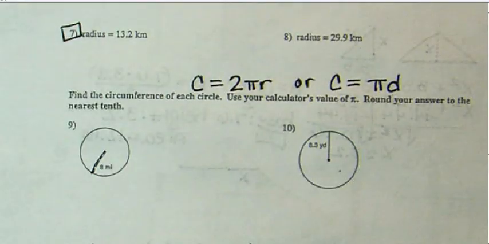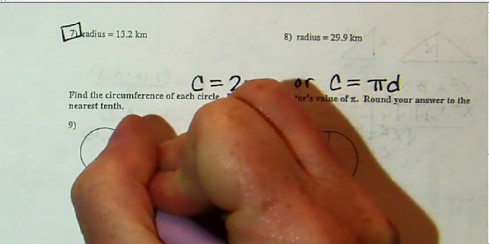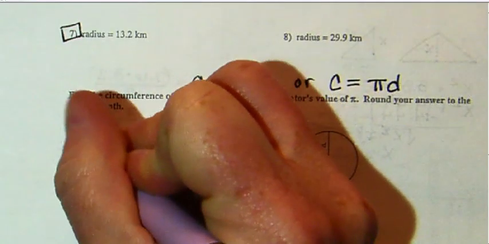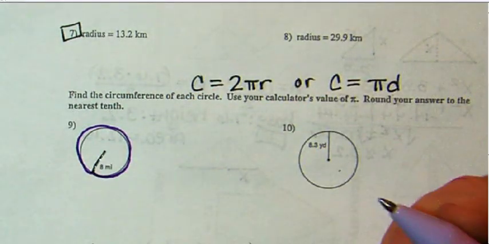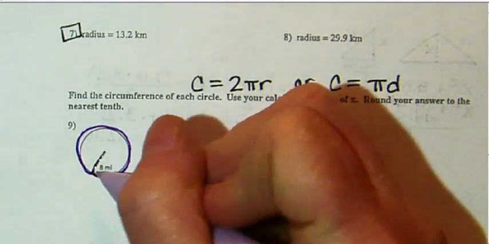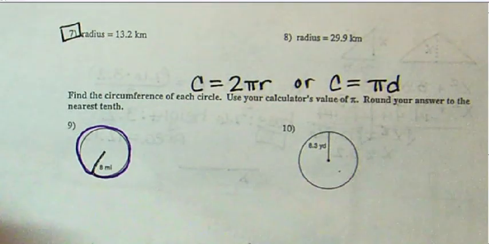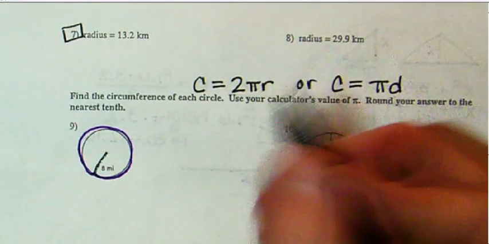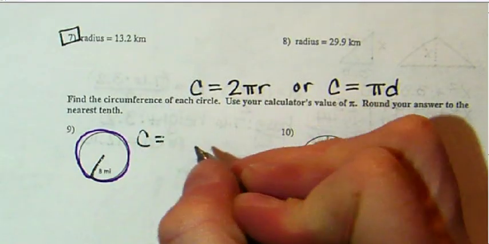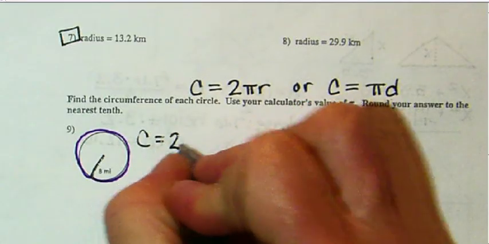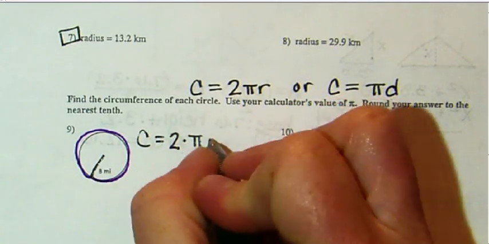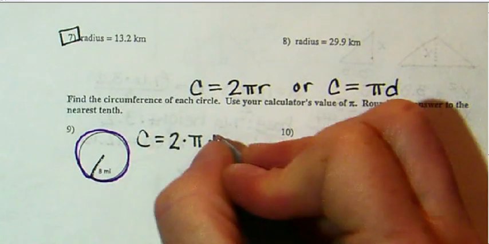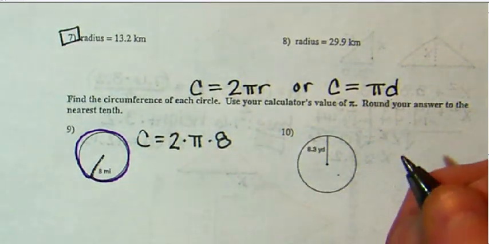Remember, circumference is the distance. It's like the perimeter of your circle. Okay? I didn't do a very good job of outlining it, but that's basically what you're finding out. So I'm going to say my circumference is equal to 2 times pi times, and my radius is 8 miles.